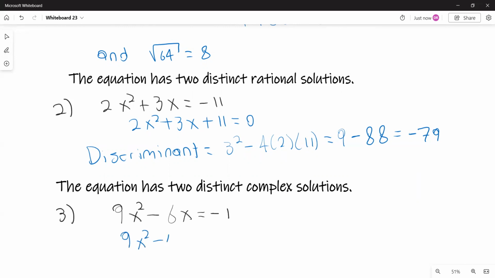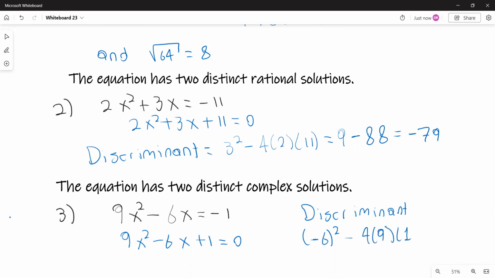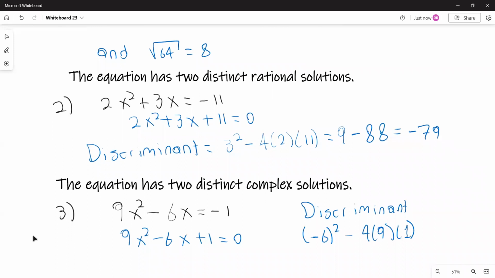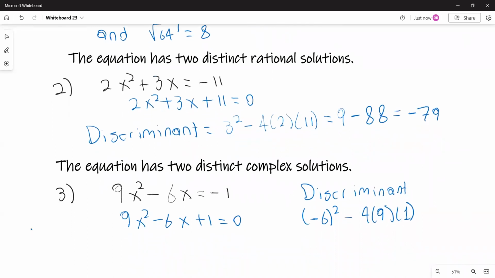This is 9x squared minus 6x plus 1 equals 0, and the discriminant is negative 6 squared minus 4 times 9 times 1. So negative 6 times negative 6 is 36. 4 times 9 times 1 is also 36. And that equation has one double rational solution.